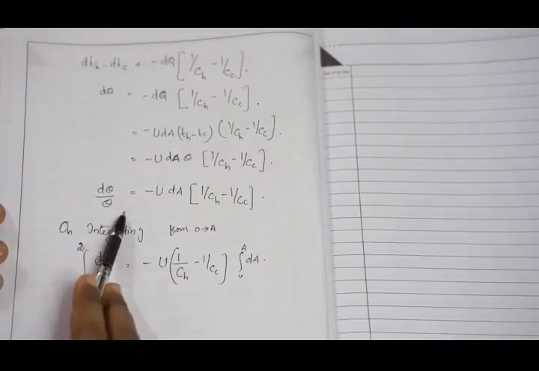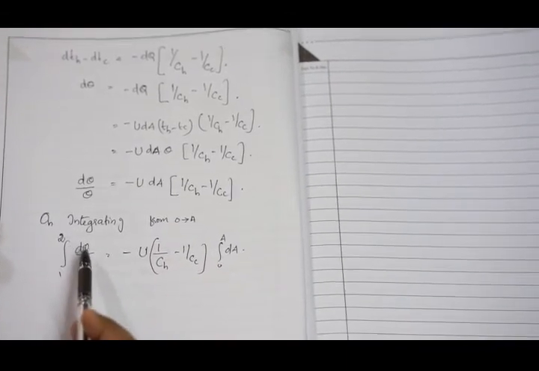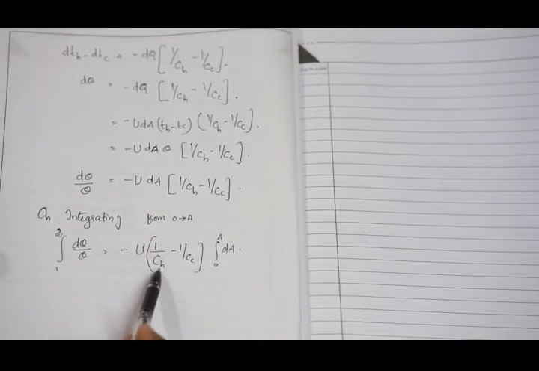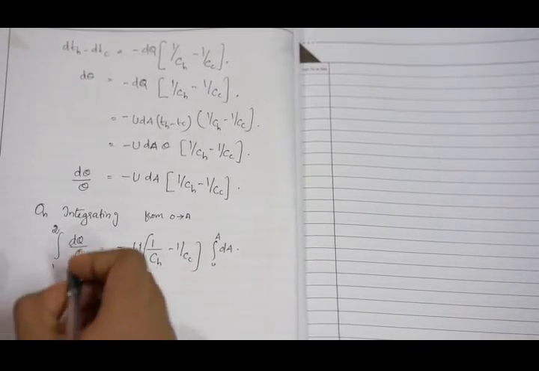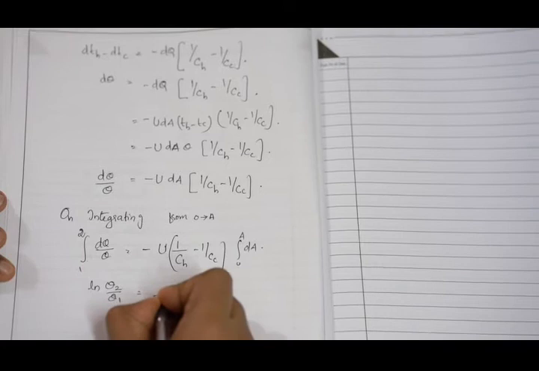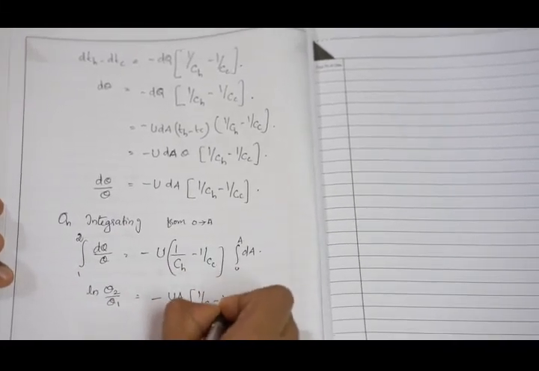On integrating the above equation from 0 to A, integral 1 to 2 of d theta by theta is equal to minus U into 1 by CH minus 1 by CC into integral 0 to A of dA. So the equation becomes ln of theta 2 by theta 1 is equal to minus UA into 1 by CH minus 1 by CC.